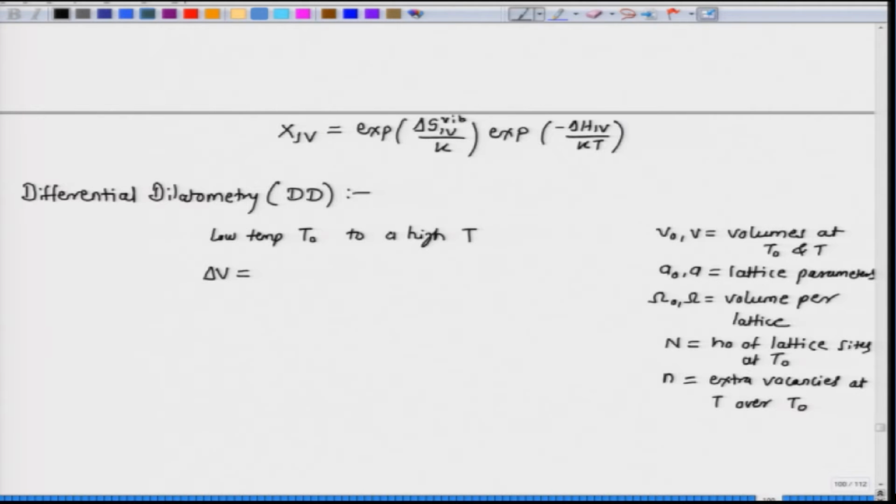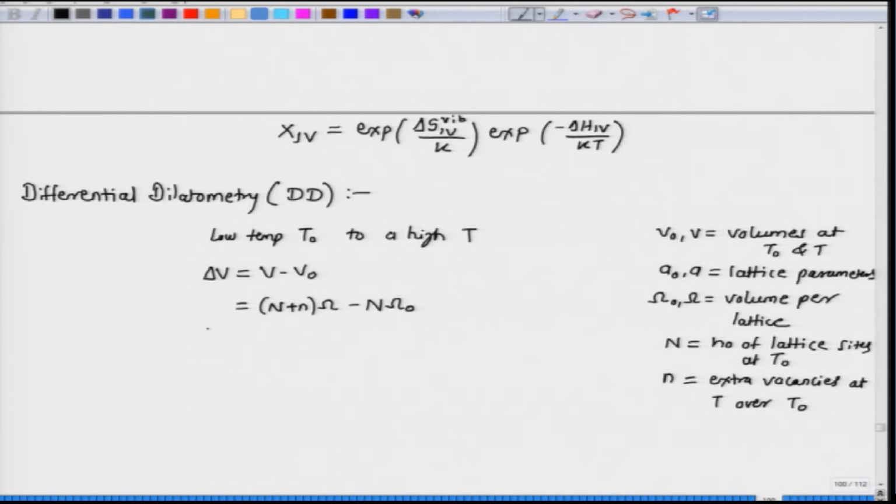So, delta V is simply V minus V0, and at T0 the volume per lattice site was omega 0. There were big N total lattice sites, and at T the volume per lattice site was omega, and there were a total of N plus n sites. So, we can write this as (N plus n) times omega minus N times omega 0.